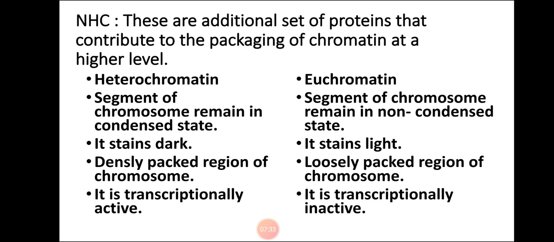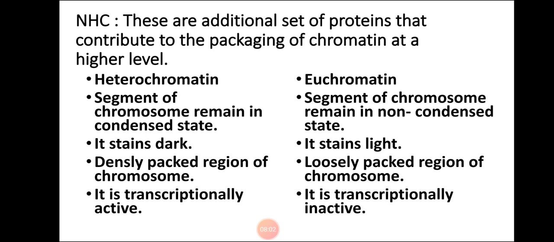Heterochromatin stains dark, whereas euchromatin stains light. Heterochromatin is transcriptionally inactive, whereas euchromatin is transcriptionally active, that is, euchromatin helps in the process of transcription that we are going to study in the further lecture, and heterochromatin does not help in the process of transcription.